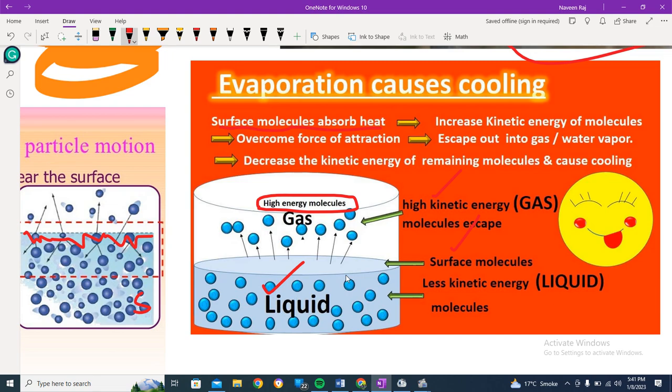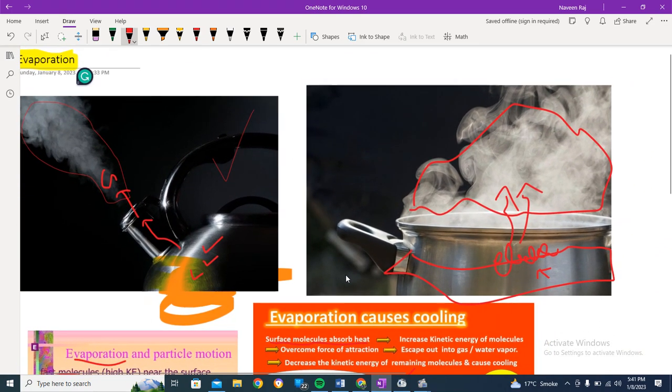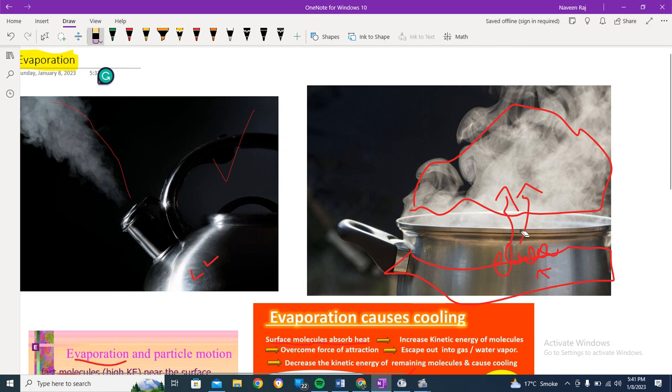There are some factors affecting the evaporation as well, like the surface area. What does this mean? Here is a beautiful example. Let me make you understand from this diagram. There are some factors affecting the rate of evaporation.